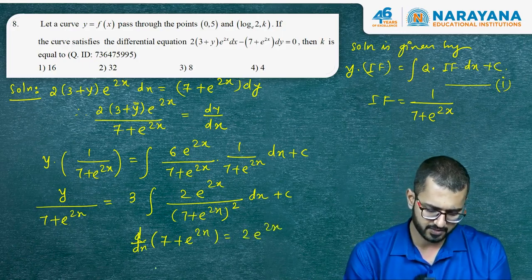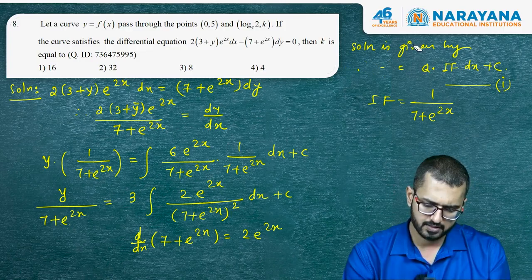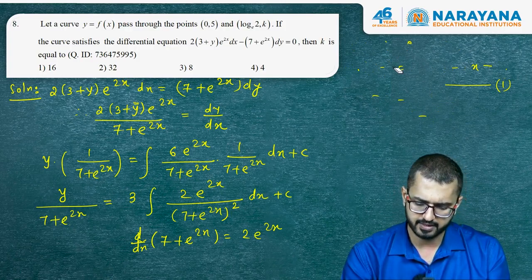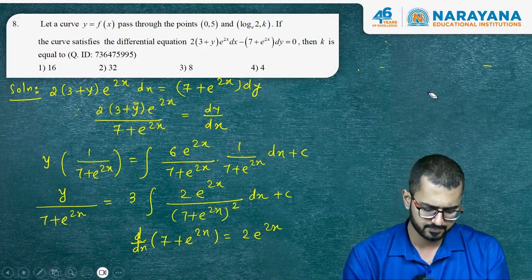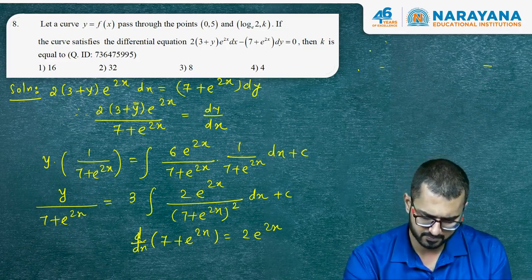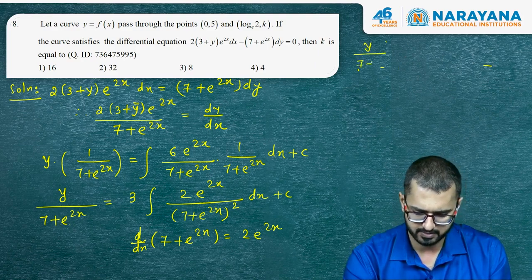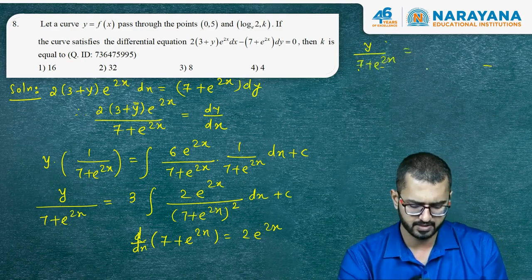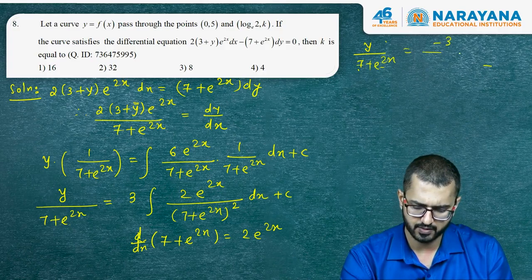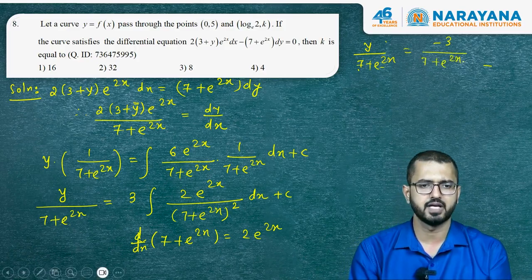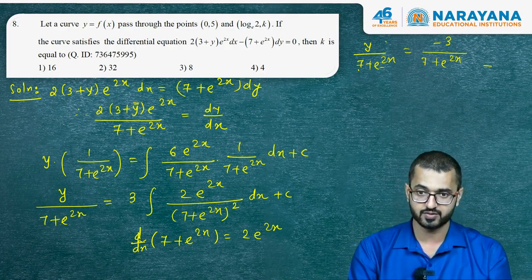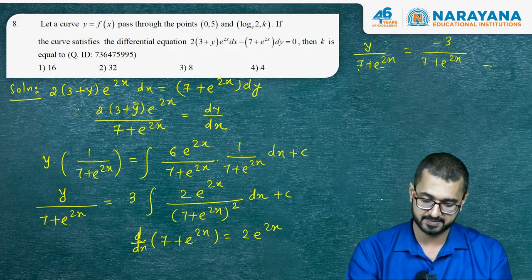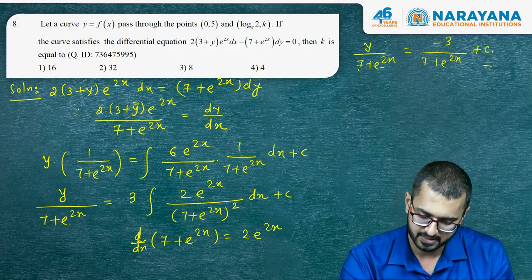So I can simply write it down directly here, and that turns out to be y over 7 plus e power 2x is equal to minus 3 over 7 plus e power 2x, because the integration of 1 over x square is minus 1 by x. So yes, that is confirmed. And then we have here c.